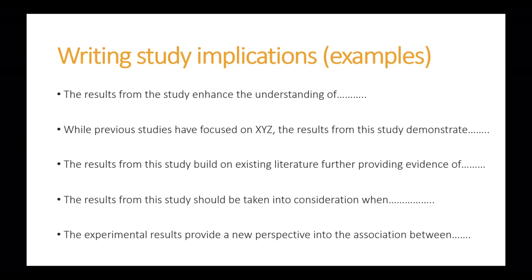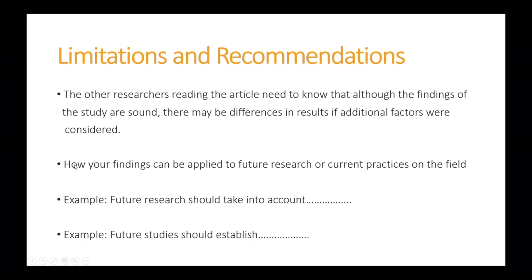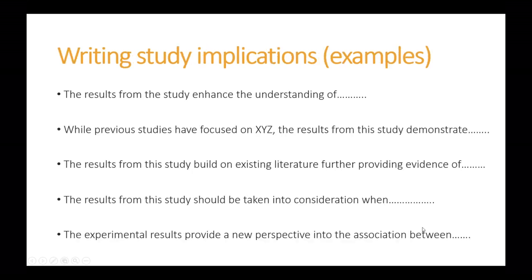You can also say the results from the study build on existing literature, further providing evidence. When you're using this particular sentence, that the results from the study build on existing literature, it means that what you found in your study is similar to what was found previously.